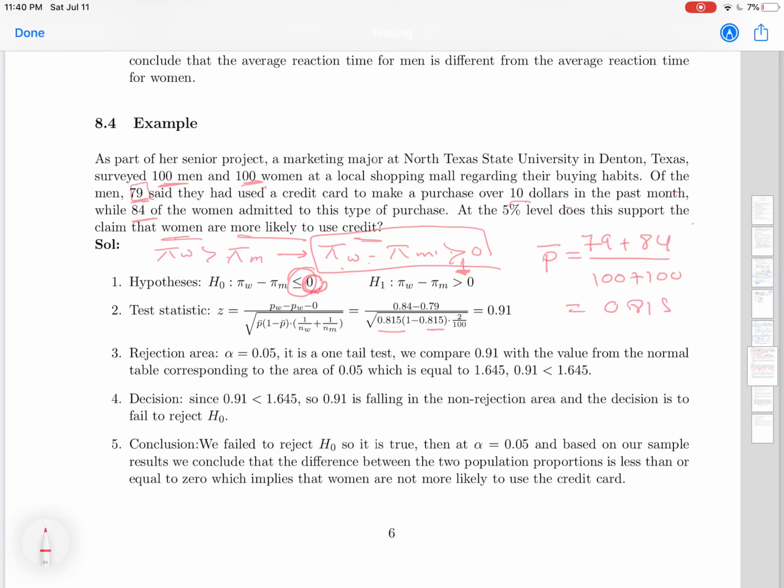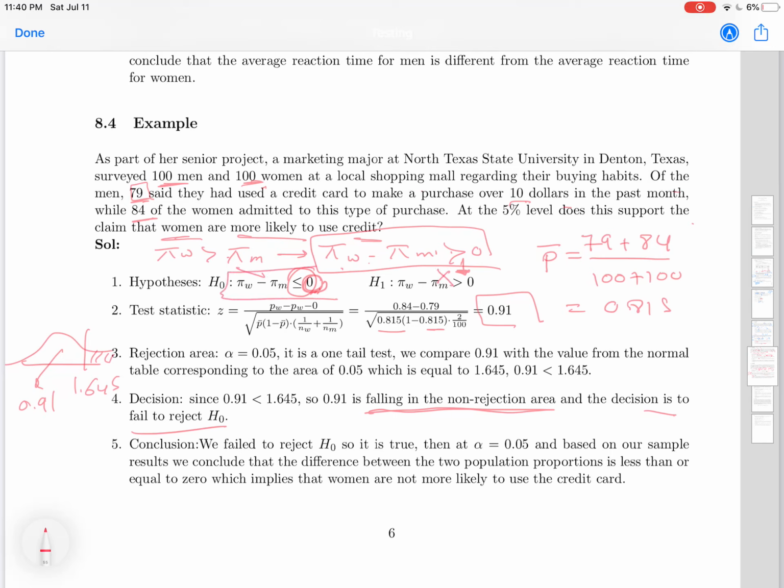Since the difference for the two proportions is 0, this means I have to calculate P bar. And P bar is going to be 79 plus 84 on the top, and 100 plus 100 on the bottom. You calculate your P bar, which is 0.815. And then you calculate your test statistic.